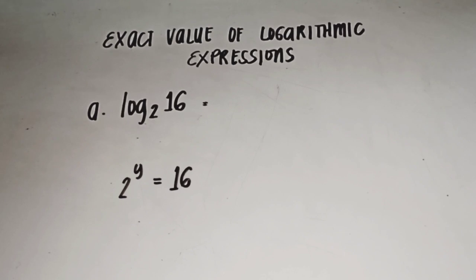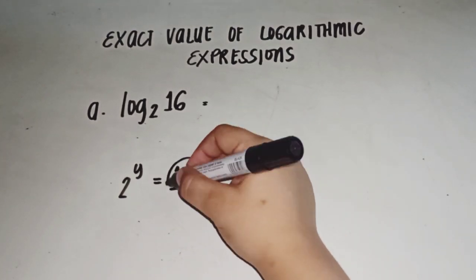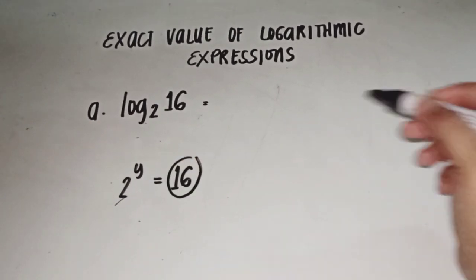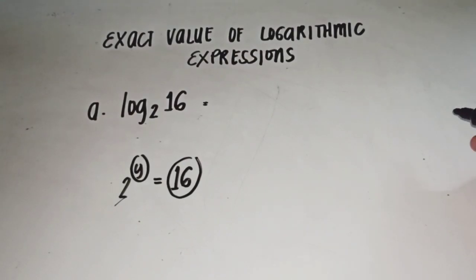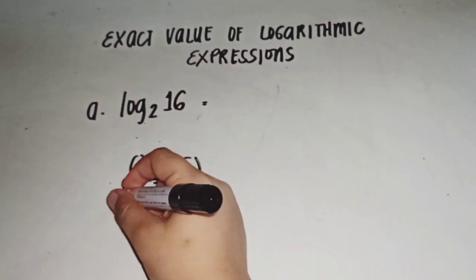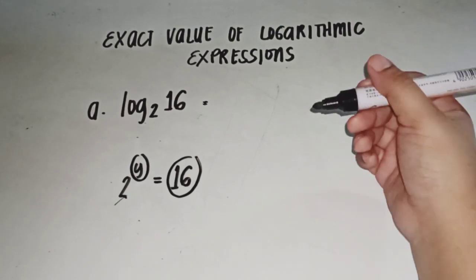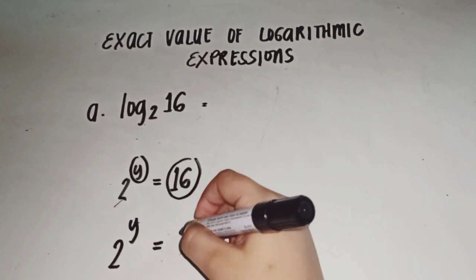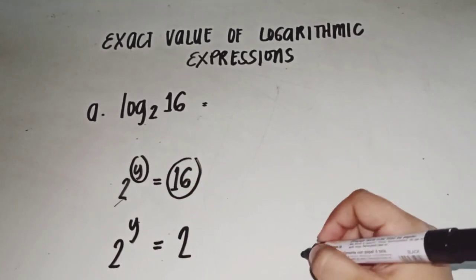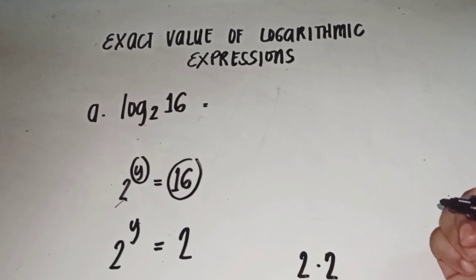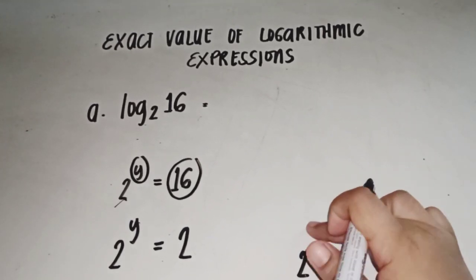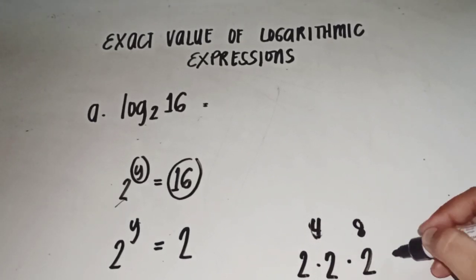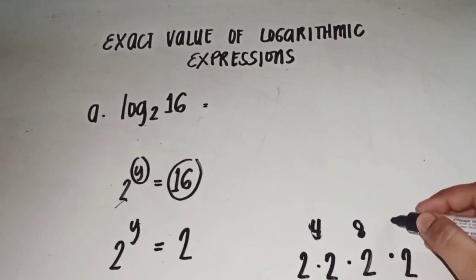Okay. Now we have to simplify 16 so that we can cancel the base of 2 so that we can have the value of y. So 2 raised to what number is equal to 16? 2 times 2 is equal to 4, times 2 is equal to 8, times 2 is equal to 16.